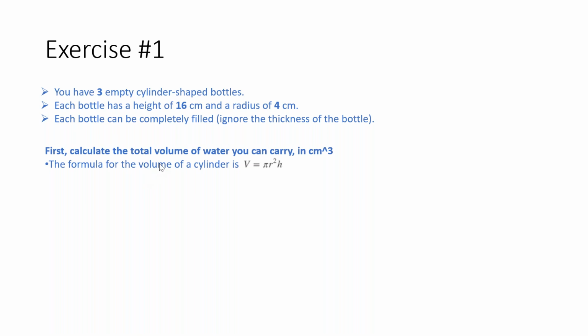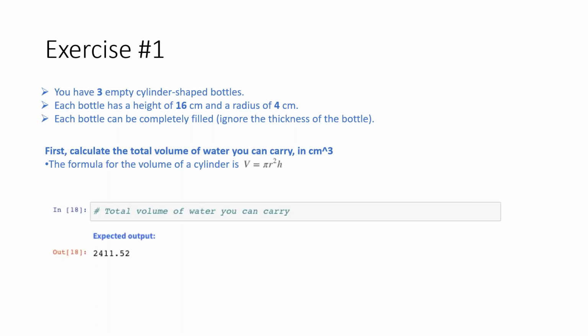I want you to calculate the total volume of water you can carry using these 3 bottles. I want you to write a mathematical expression, and the output that you will get is 2411.52. So type in your code cell whatever is needed for this. So what you will do, print.